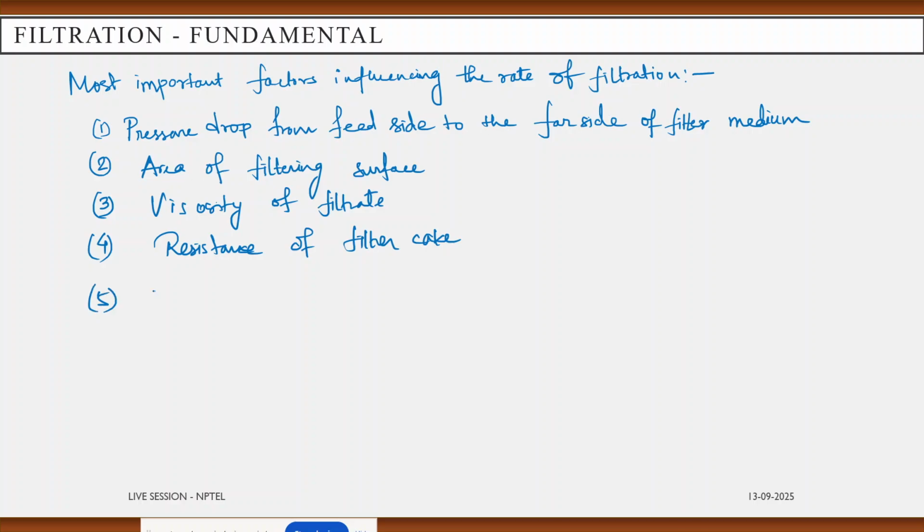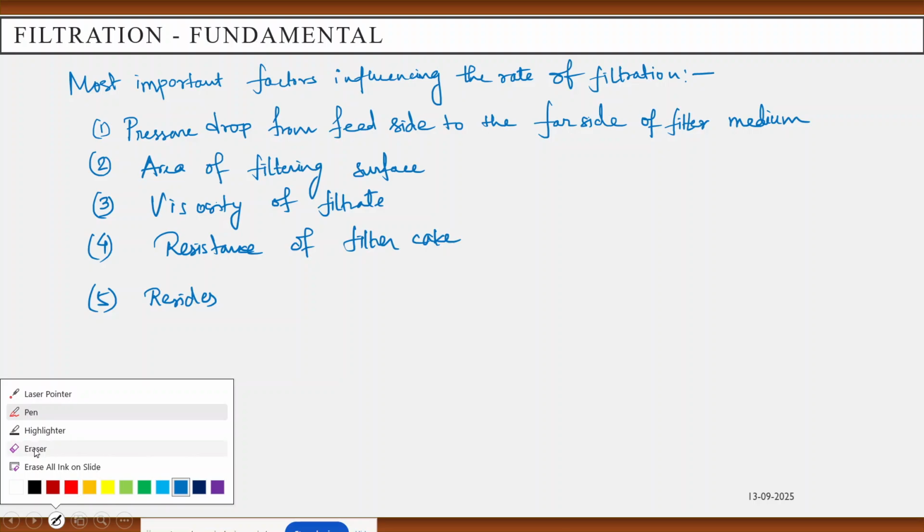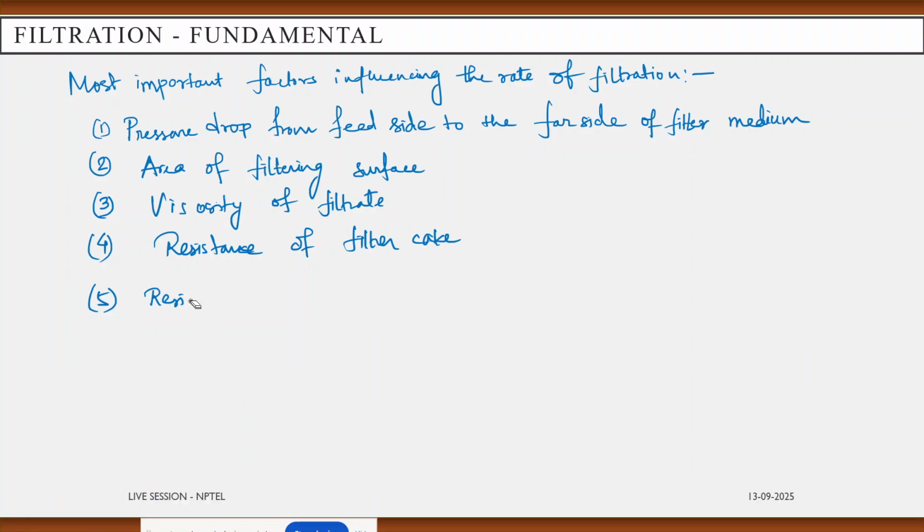And also an important part is the resistance of the filter medium.